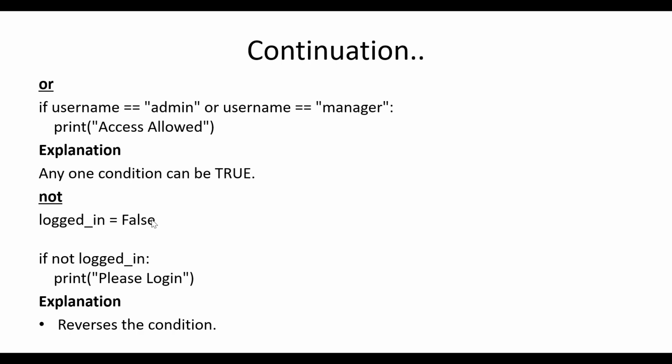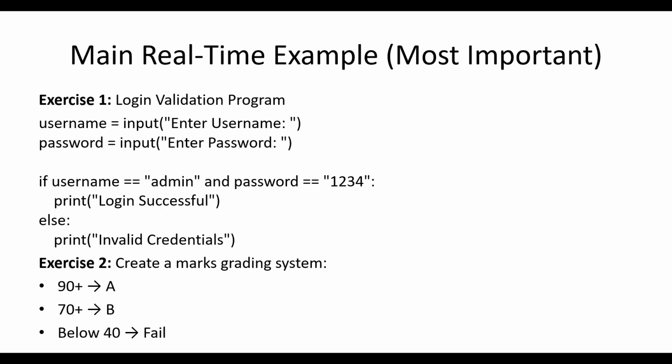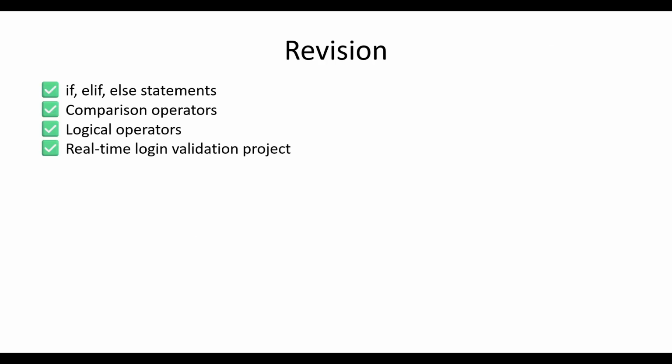For example, if you have not logged in, so logged in is false, and you are checking not logged in, I wanted to notify to log in. In that case I can use the not operator. We had seen the simple login program by taking the input from the console. So you can work on the small exercise that I had provided.